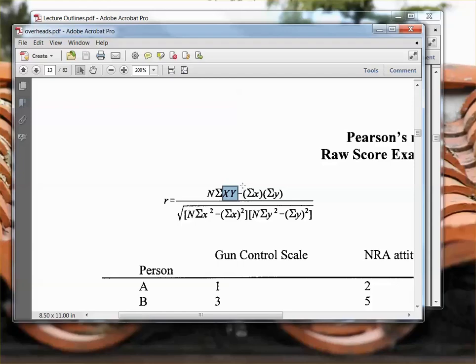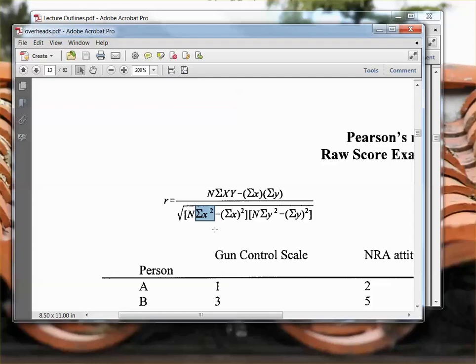And then from that, you're going to subtract what's in parentheses here, which is the sum of your x variable, just like when we calculated the mean. And you're going to do the same thing, the sum of the y variable. And you're going to divide that by this denominator, which is the square root of, again, N, pairs of scores. Now, just like with our standard deviation and variance, we have the sum of x squared.